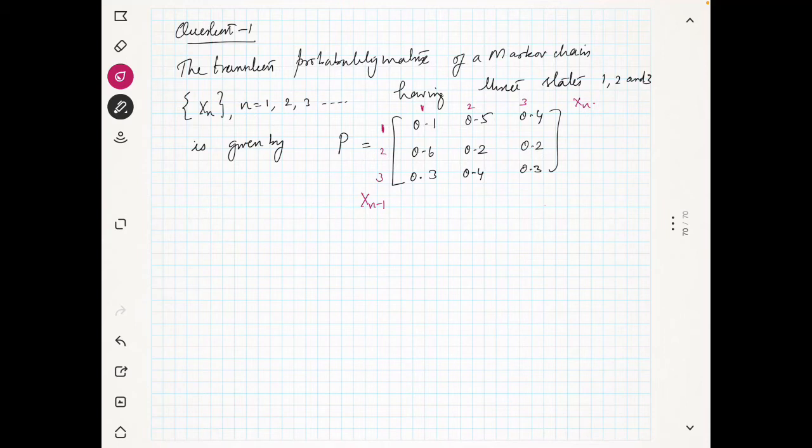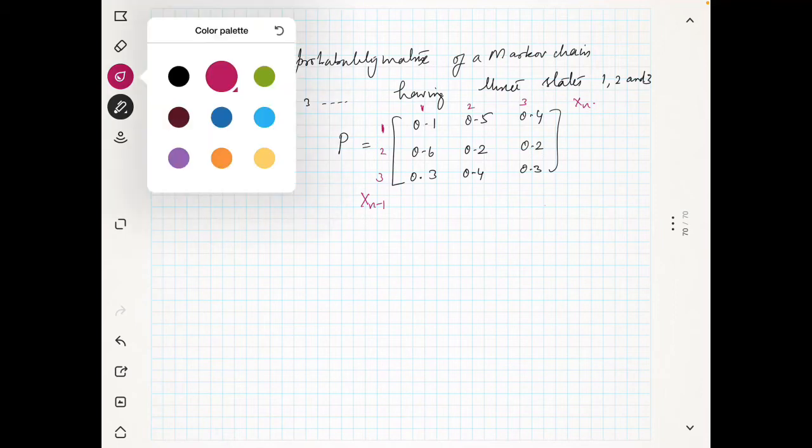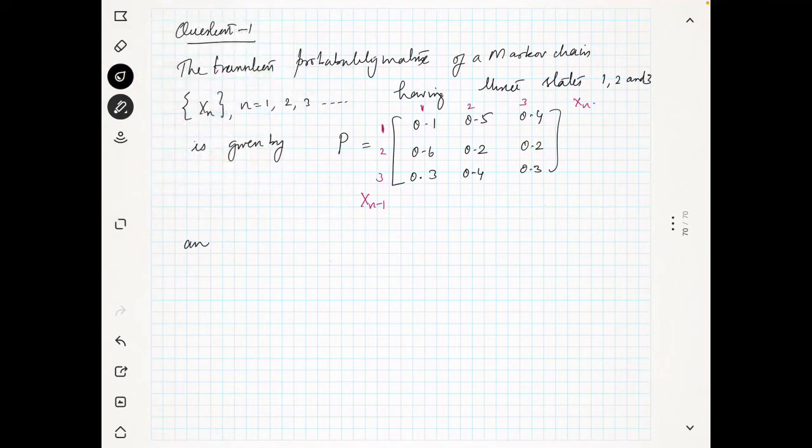The initial distribution is also given. We have seen one example regarding the supermarket, where we saw how to find the initial distribution.